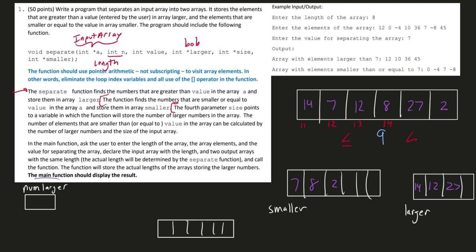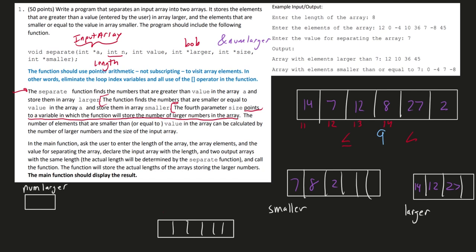We're not sending this as the input. Check this out. This is expecting a memory address of an integer. This is an integer. So what I have to do is I'm going to have to send in the address of that variable. Size will point to that variable in which the function will store the number of larger numbers.